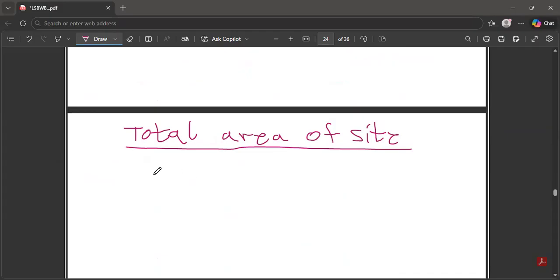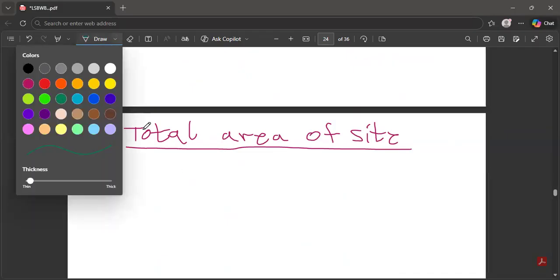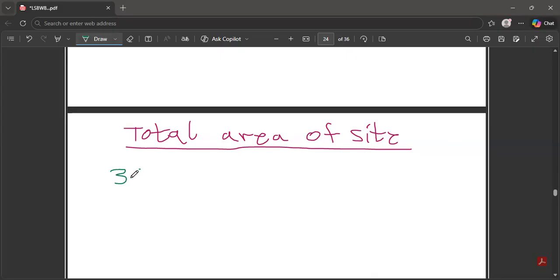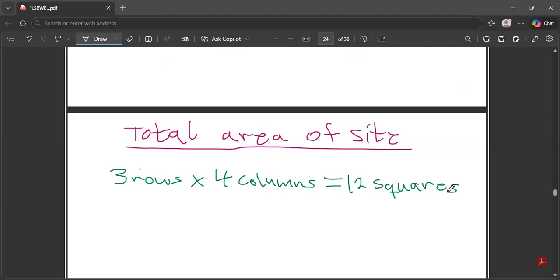The total area is going to be 3 rows times 4 columns, which is equal to 12 squares. But each square is equal to what? 400 meters squared, from what I told you initially.